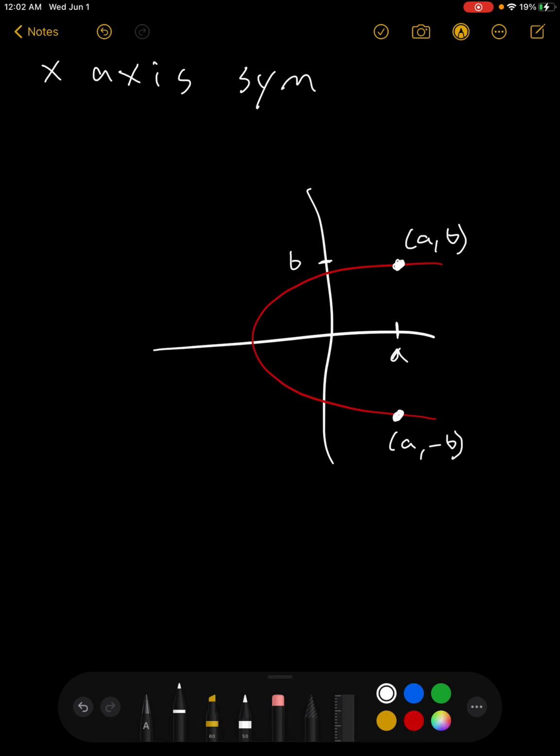For any x value, we have this corresponding y value and also this corresponding y value, where it's the same value, but one is positive, the other is negative.